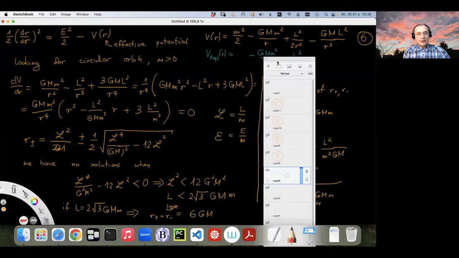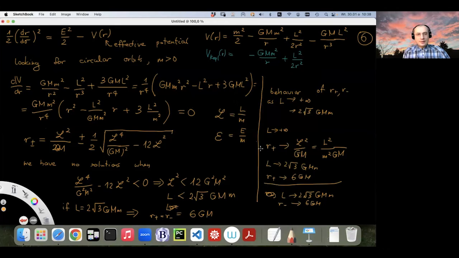It turns out, and it takes a little bit more time to prove that, it's a bit of an analysis challenge, but look, we know that the product of R plus and R minus is supposed to be 3L squared over m squared. That's the property of the quadratic function.